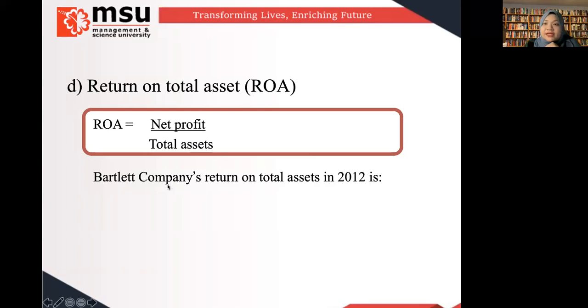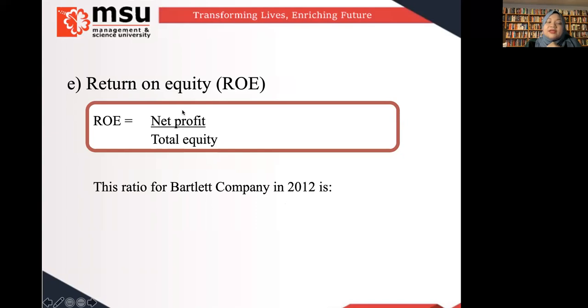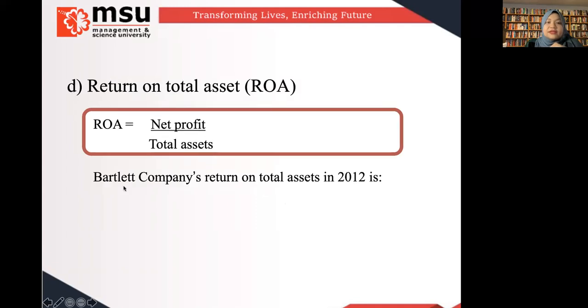So how to calculate it? It is net profit divided by total asset. So net profit, you can find it in the statement of comprehensive income. Total asset, you can find it in the balance sheet.